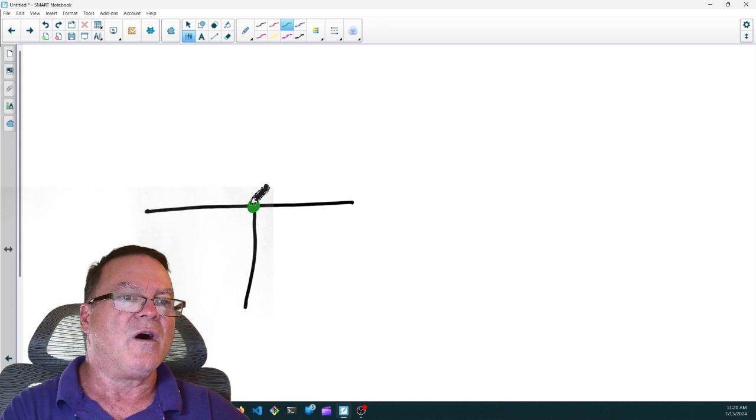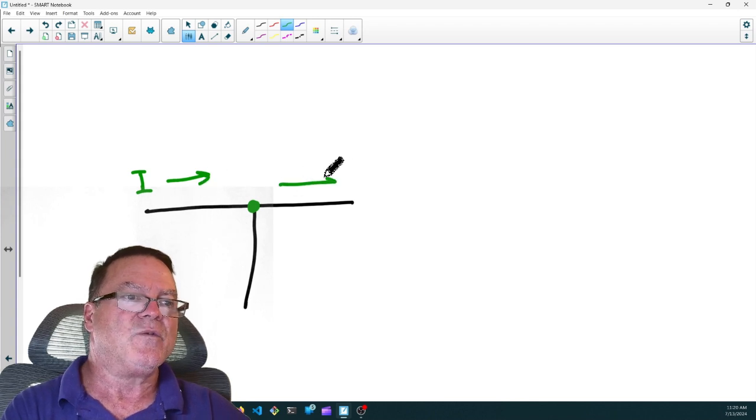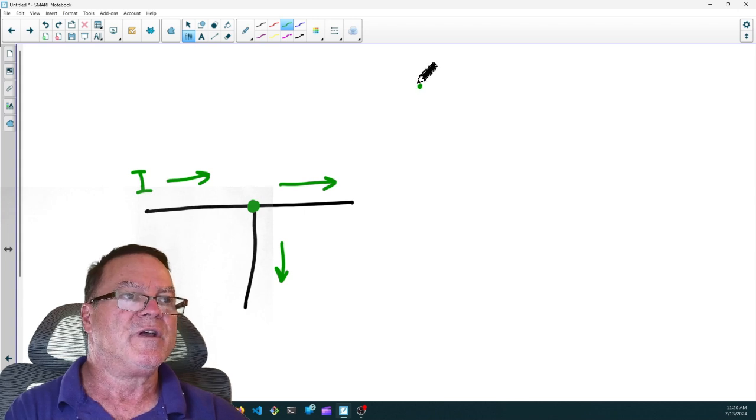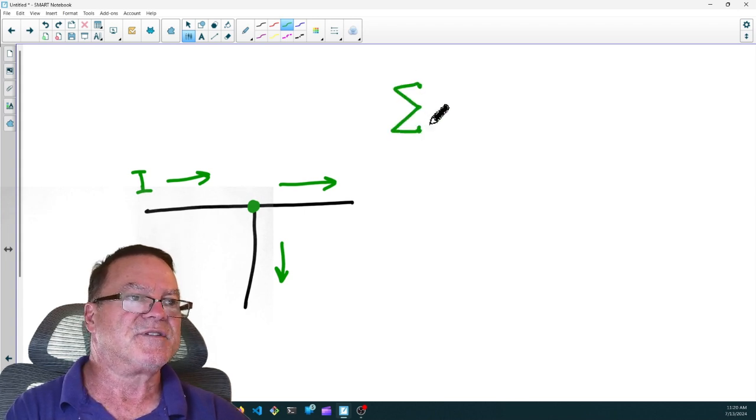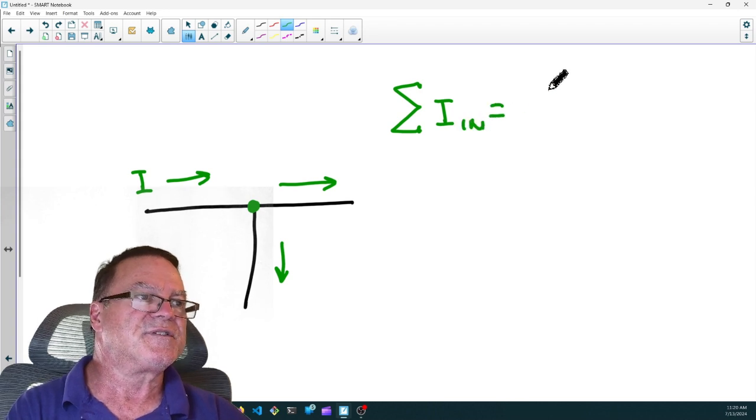Kirchhoff's current law states that the current entering a node has to equal the sum of the currents leaving that node. So again, he uses that sigma. Sum of currents in equals the sum of currents out.